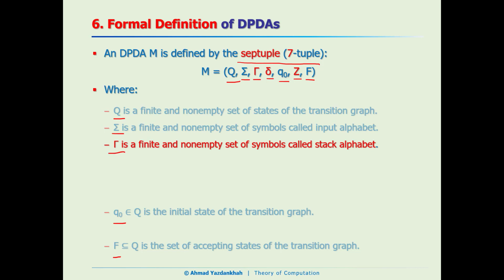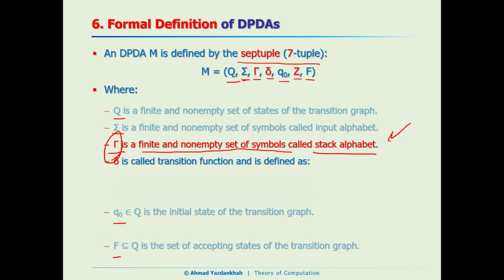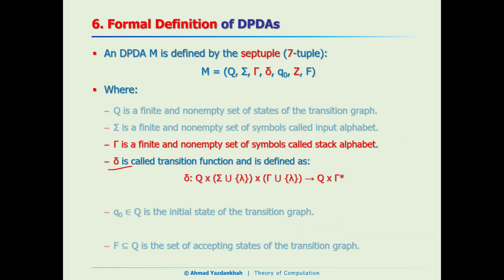The gamma is a finite and non-empty set of symbols called the stack alphabet. You remember I said that a stack alphabet can be totally different from the regular alphabet, the sigma. So we need to specify it with this separate set and we denote it with gamma. How about the delta? Definitely delta is always different. So how can we show it? This looks a little bit complex, but it is really simple.